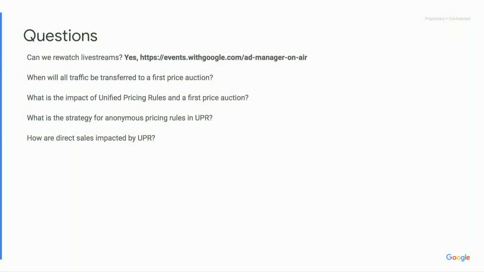Another question that we have is, what is the strategy for anonymous pricing rules in UPR? So UPR actually does not support anonymous pricing rules, as it's not compliant with ads.txt standards. When transitioning your anonymous pricing rules to unified pricing rules, you can set the same targeting from your open auction rules, but you have to set them to either branded or semi-transparent.